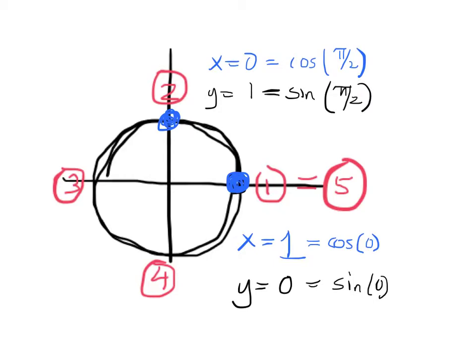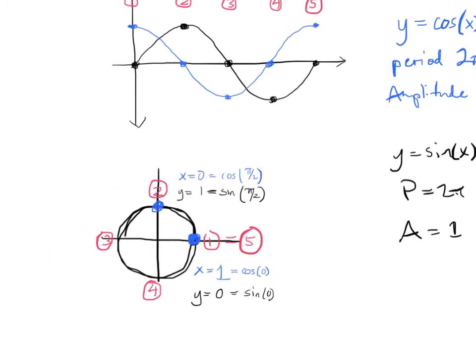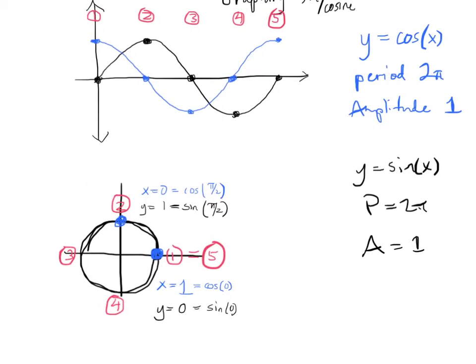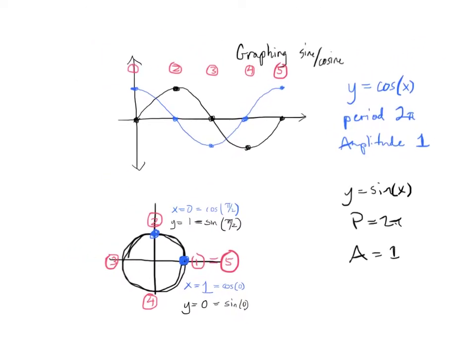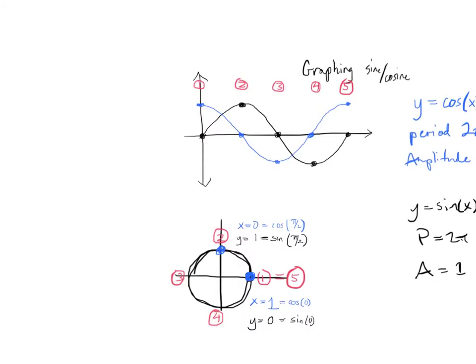Yes. Okay, how does that translate to the graph? Well, if I want to graph now, instead of using x down here and y down here, now I'm saying for the graph up top the x value is the angle. Okay? And the y value is cosine or sine.